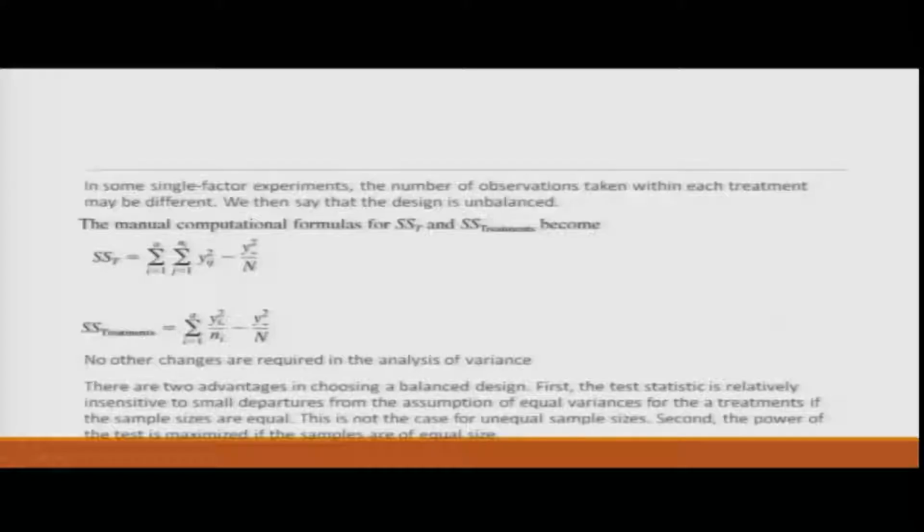So the manual computation formulas for the sum of squares of the totals and the sum of squares of the treatments become different now. When you summed up, if you remember, this value n suffix i for each and every treatment was fixed, it was small n only. Now it is changing.